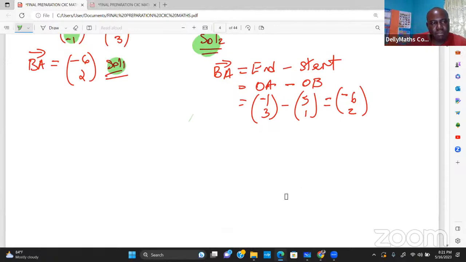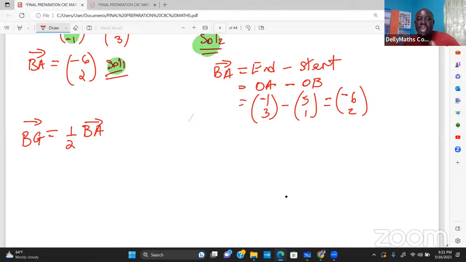They want me to find BG. BG is half of BA because BA was already given, and they told us that G is the midpoint of BA or AB. So B to G is half of it, which means I'm going to have half of (-6, 2), which is going to work me back down to (-3, 1).